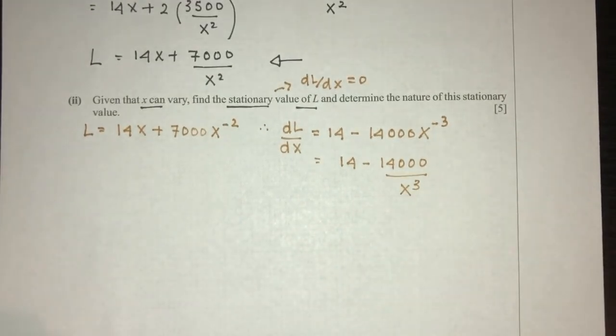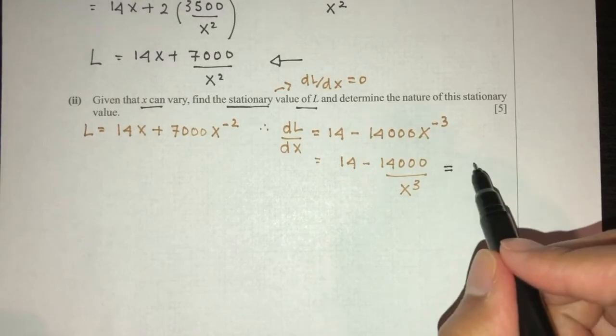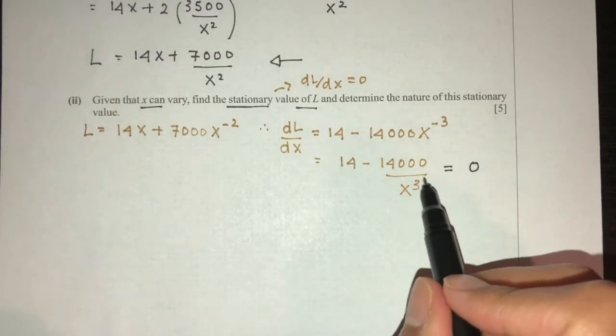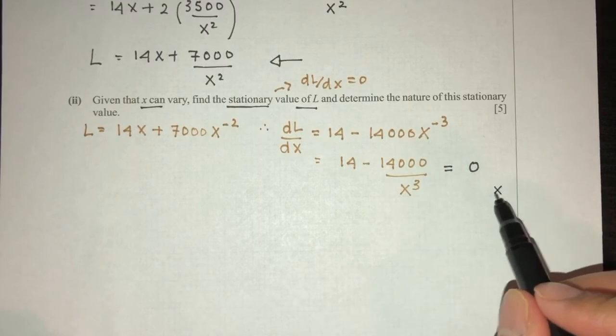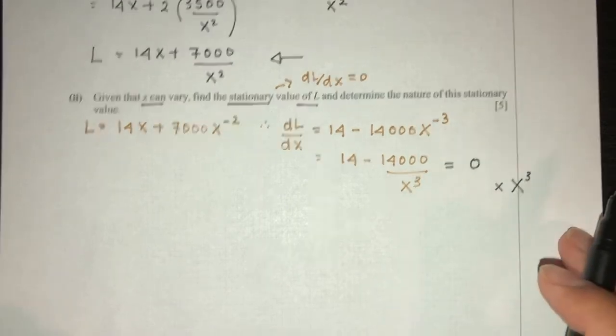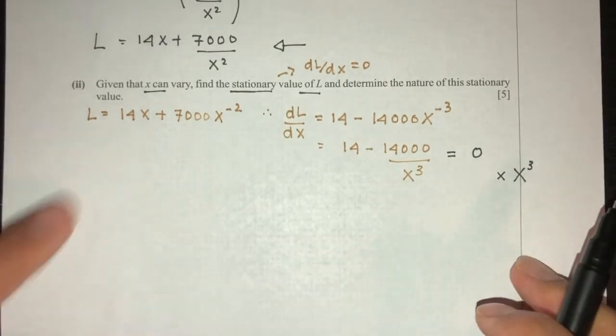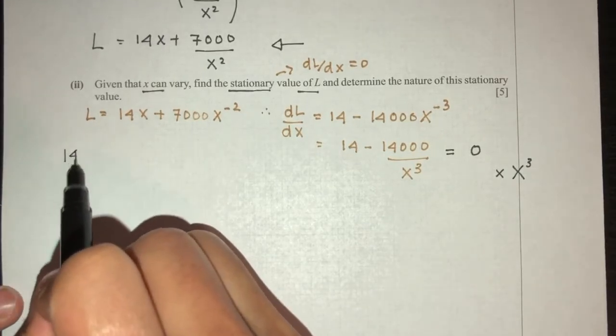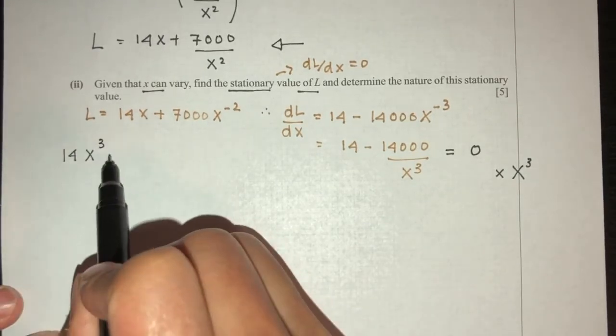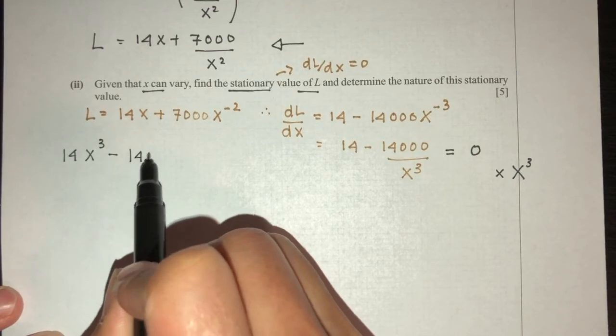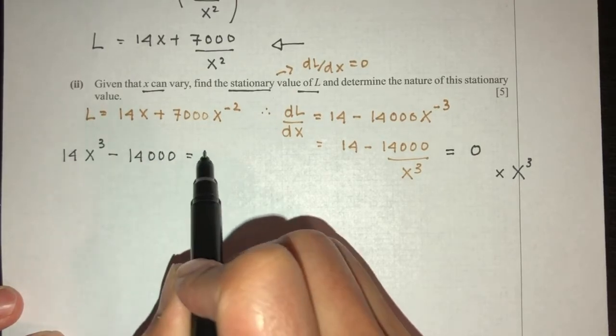Now we know this is equal to 0 at its stationary point. Now to eliminate this value here, we have to multiply everywhere by x cubed. So you have 14 x cubed minus 14,000 is equal to 0.